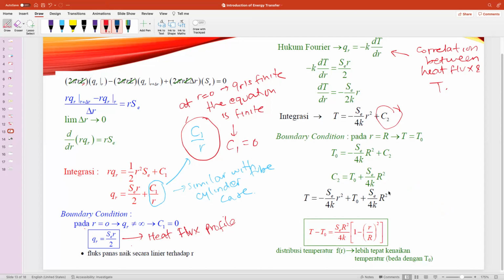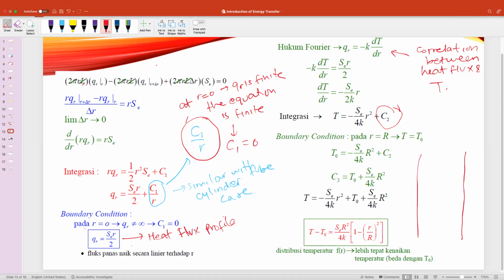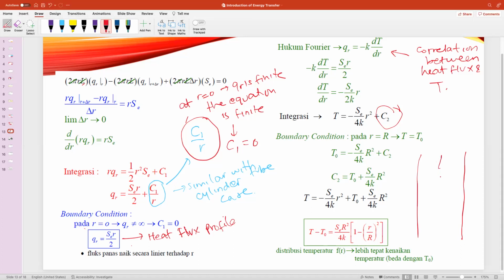If this is inside your wire, and I make it bigger, and this is, let's say, the middle.